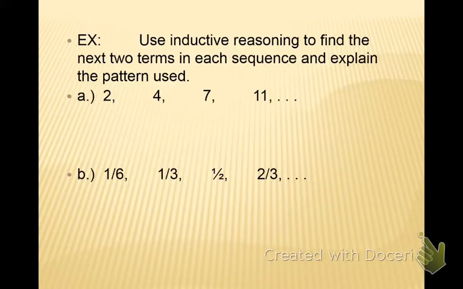Anybody know what the next two terms would be? Yes. 16 and 22. How did you get that? The increment increases by 1 every time, and it started at 2. So then it went to 3, 4, 5, 6.